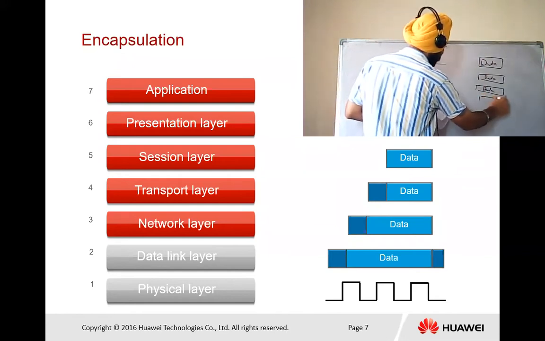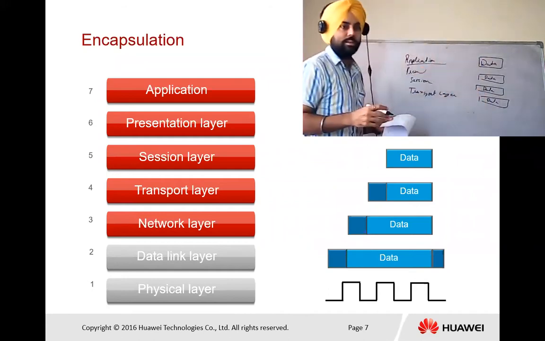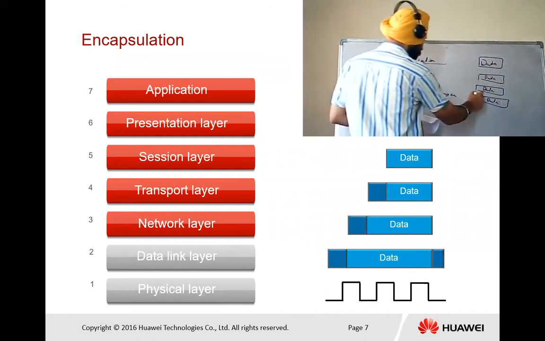After that, in the transport layer, we have the data field plus another field.